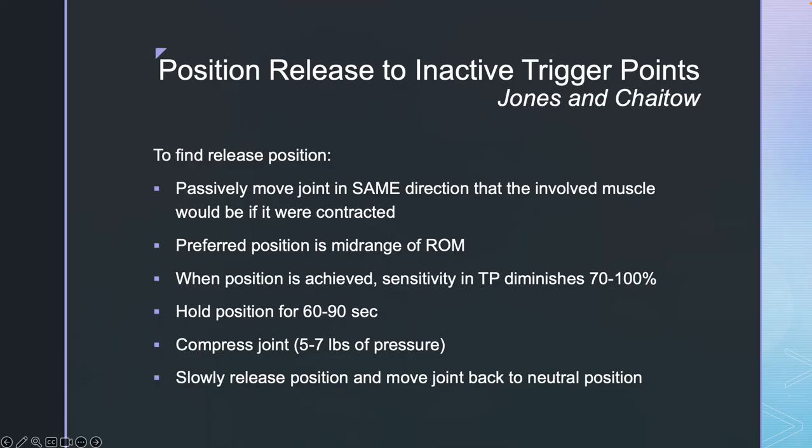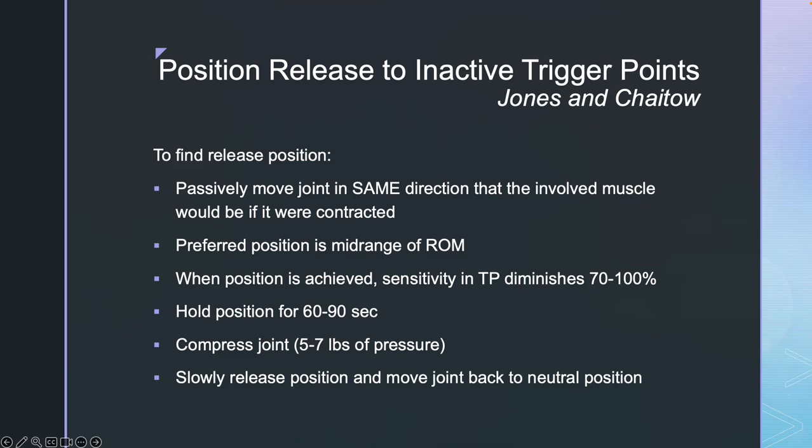So Jones and Chateau, I think I say that right. I don't know. Came up with positional release to inactive trigger points. So to find this position, we are passively moving the joint in the same direction that the involved muscle would be if it were contracted. So in our fun little brain, we're going to do biceps again. Okay.